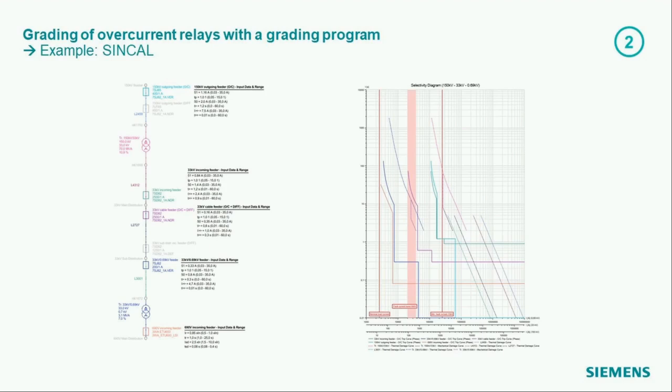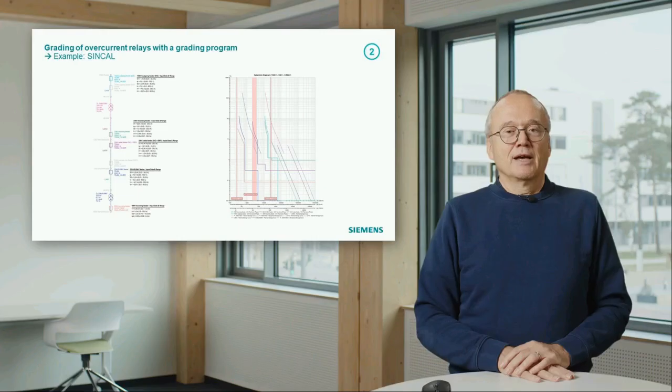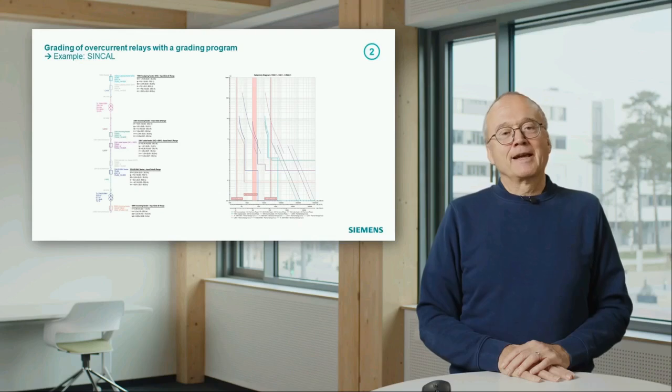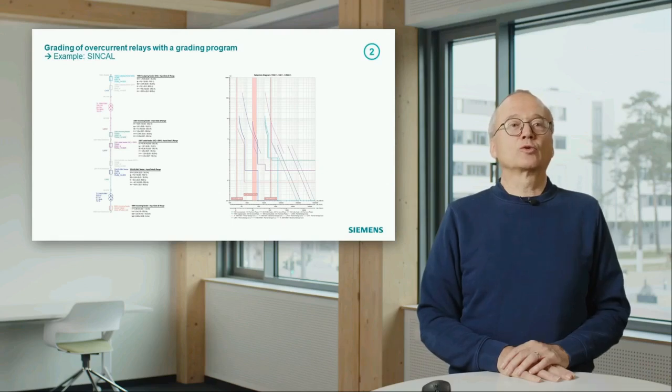You see here some stepped characteristics, and you also see some inverse time characteristic. That was a short look into grading of overcurrent relays. In the next video, I will have a short look on what we can do with directional overcurrent relays.